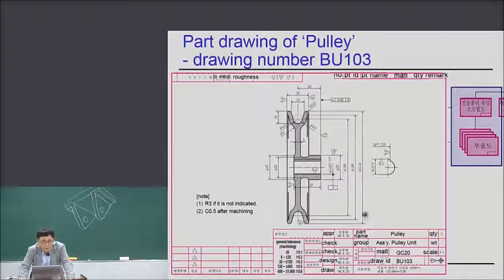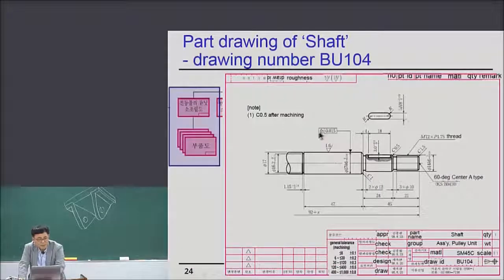Okay, all right. This is a very nice drawing, and this is the shaft. Part drawing for the shaft. Key groove here. The metric thread here, very nice note. This is the 6.3 and 1.6 surface roughness. Only 1.6 is designated here.